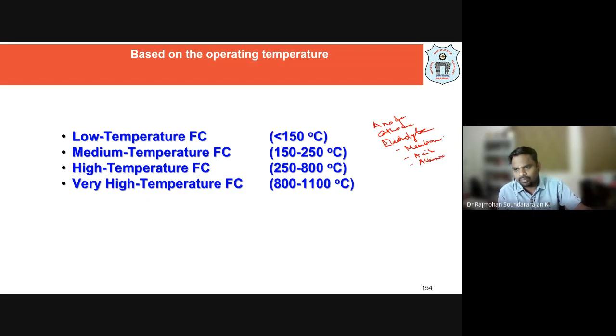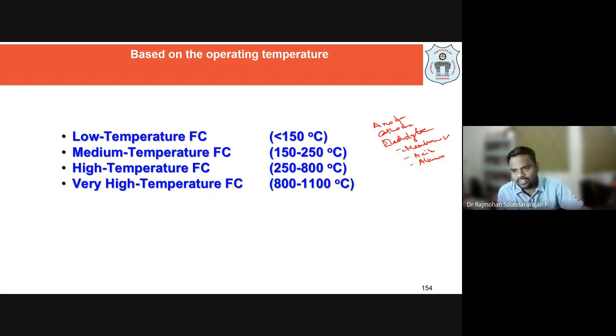Okay, some membranes may be operating under optimum conditions of a certain temperature range only, right? So we need to have a special membrane for high temperature applications.